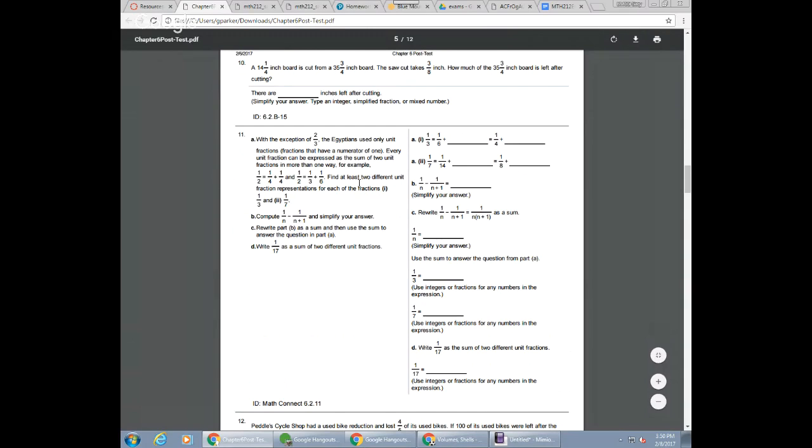It had to be 1 over something. And so here they're giving us a trick for trying to turn things into 1 over something. They give some examples here. Find at least 2 different unit fraction representations for 1/3 and 1/7. So we can play around with that a little bit.